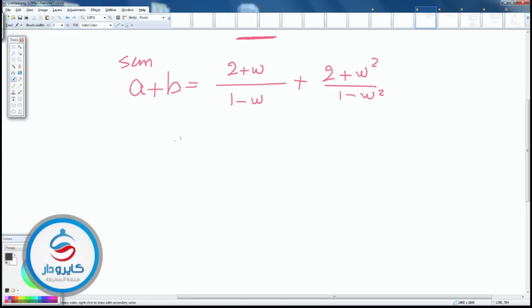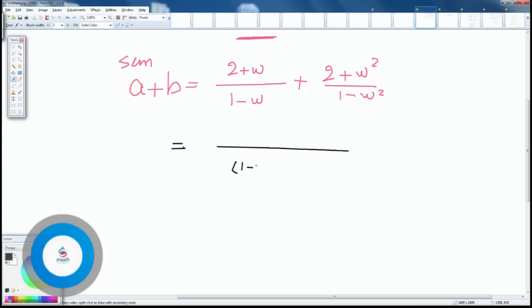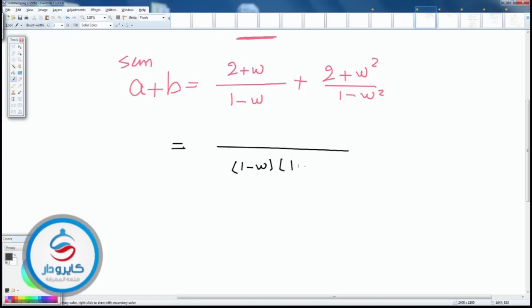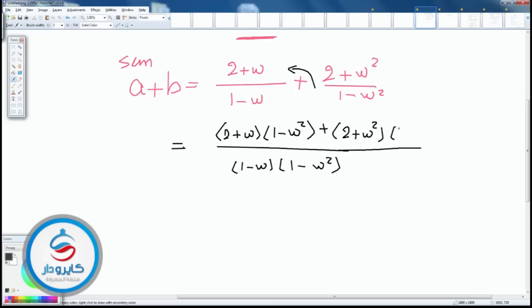That's equal to, over 1 minus omega times 1 minus omega square, 2 plus omega times 1 minus omega square plus 2 plus omega square times 1 minus omega.